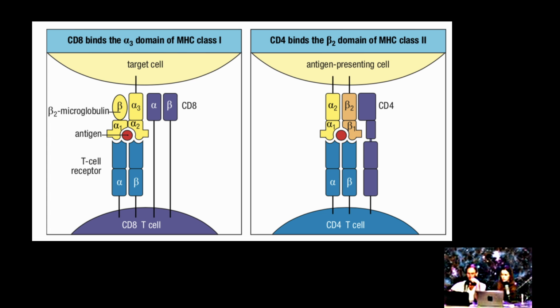And what's also different is the way in which this antigen-presenting cell packages the antigen, because there are two different types of antigen packaging pathways. One is you are packaging stuff that is actually inside of the cell, and the other one, you are packaging things that have been digested by the cell.